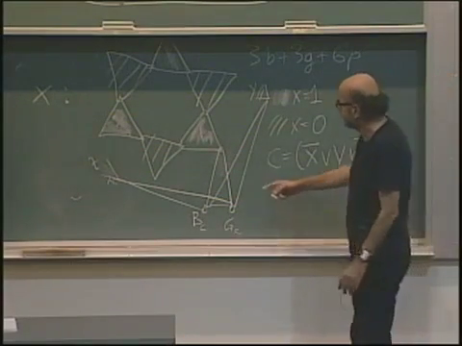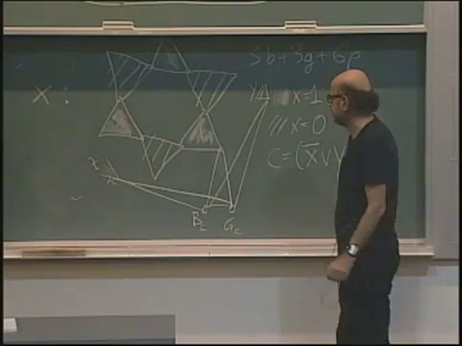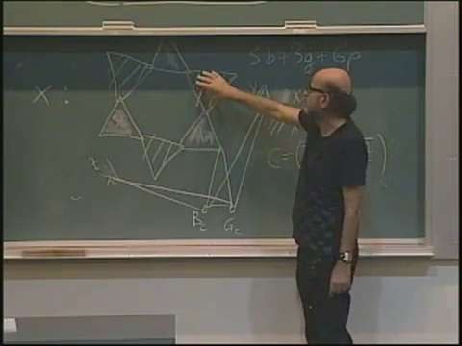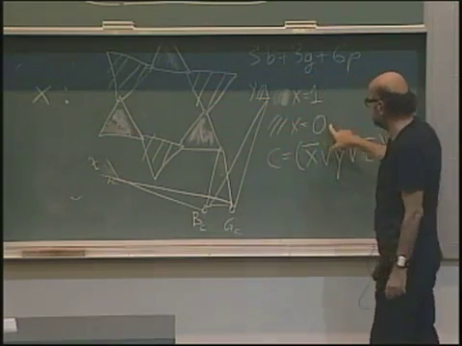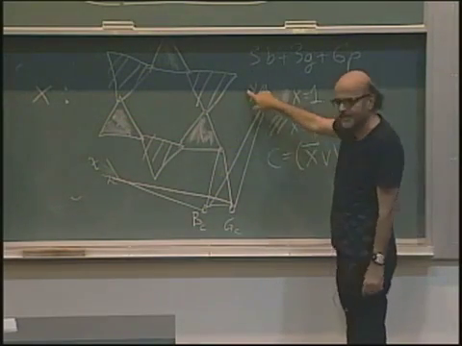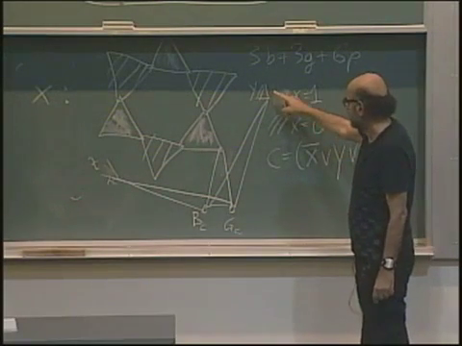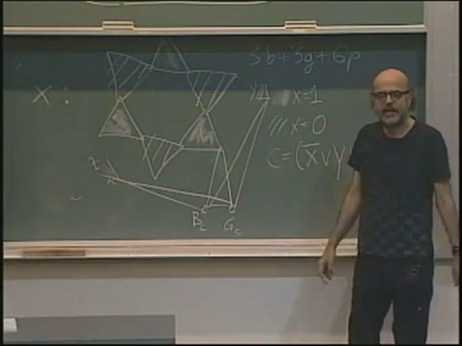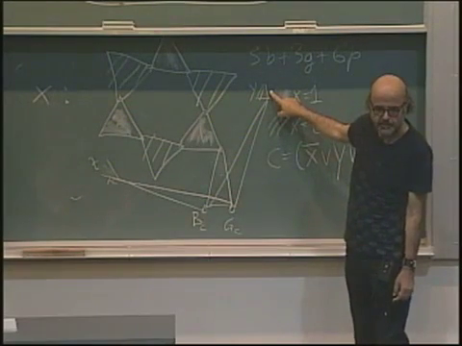These guys can be happy only if one of the following three things happens. Either in the X gadget, the hatched triangles get together, in which case this means that X is false. Yeah, that's right. Or in the Y community, the shaded triangles are picked, in which case this pet will be free.